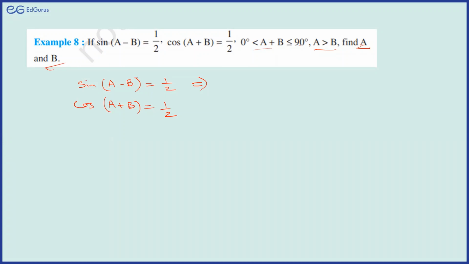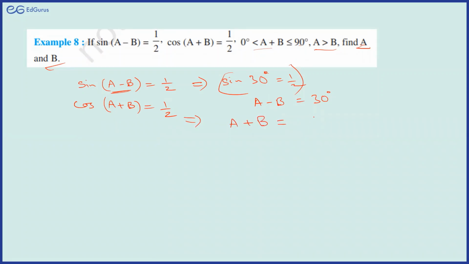Sine of which angle is half? Sine of 30 degrees is half, this we know. So this implies that A minus B is equal to 30 degrees. And cos of which angle is half?